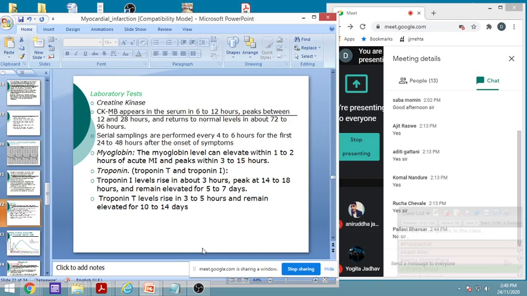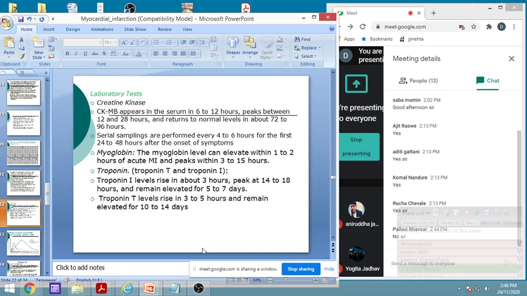Then another diagnostic tool, I told you, biomarkers. The first one is creatine kinase. I told you as homework, please go through and see what kinds of biomarkers are available. There are a variety of creatine kinase. One is creatine kinase M, which is present in muscle. CKMB is present specifically in heart muscle.